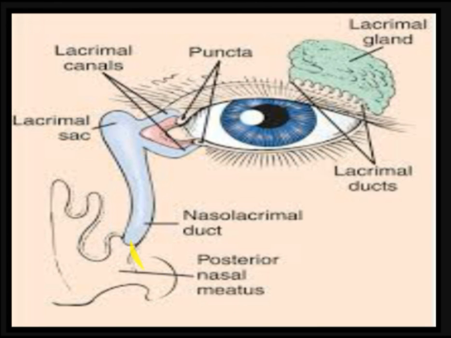Here you can see the lacrimal sac and nasolacrimal duct, through which the tears drain out. This is the puncta. There are two puncta, superior and inferior. This one is inferior and this one is superior. These puncta help the eye drain out the tears. Here is our lacrimal gland, this green one, where tear formation takes place.